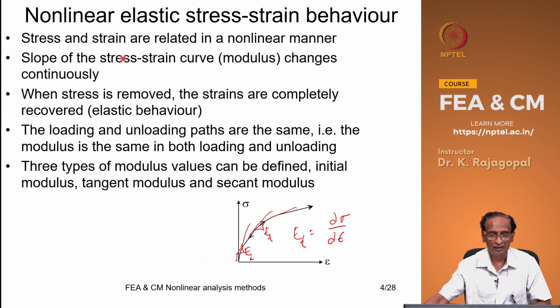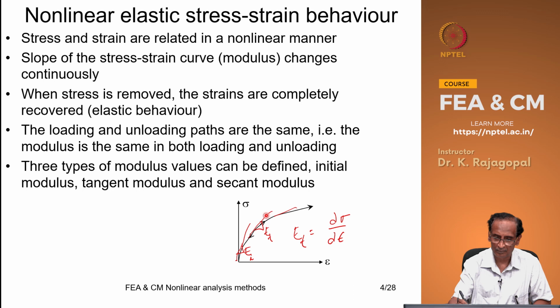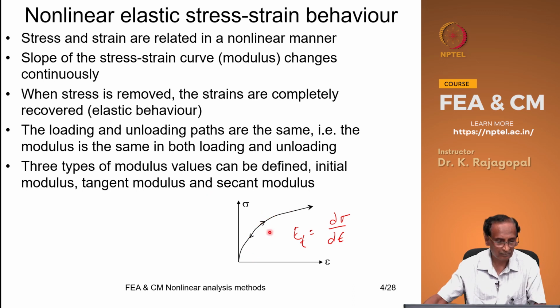Okay. And the slope of the stress strain curve changes, that means our modulus is changing. So when the stress is removed, the strains are completely recovered, that both the loading path and the unloading path are the same.